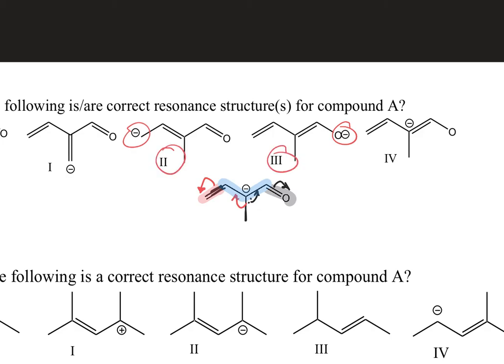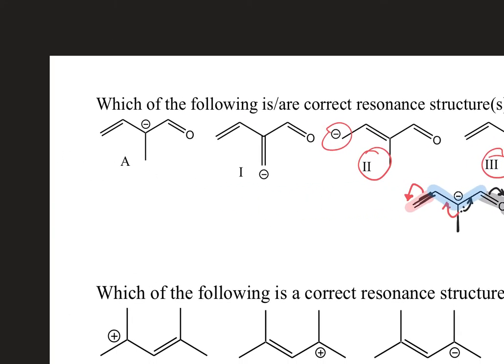1 is incorrect because it might look like you could do this, but again, this carbon here has an octet, no pi bonds or no charges to it, so you can't move that electron down there. This, as drawn, well actually, as it is, it would have one hydrogen there and a lone pair to make it negatively charged.